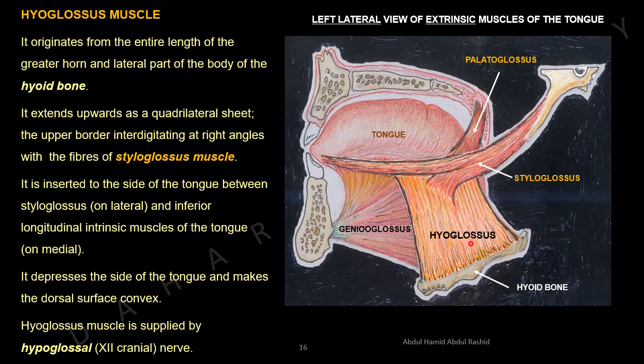This hyoglossus muscle is inserted into the side of the tongue between the styloglossus on the lateral side and the inferior longitudinal intrinsic muscles of the tongue on the medial side. The hyoglossus muscle depresses the side of the tongue and makes the dorsal surface convex. It is supplied by the hypoglossal, that is the 12th cranial nerve.